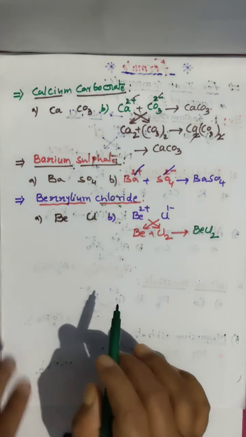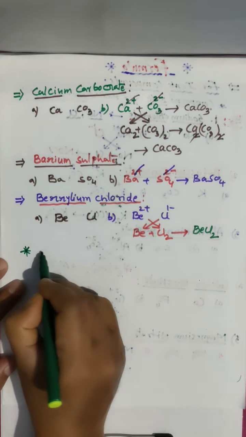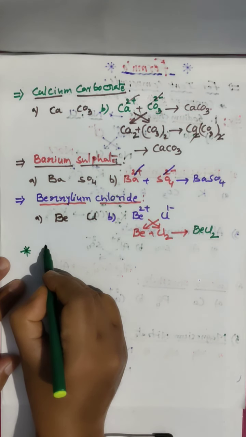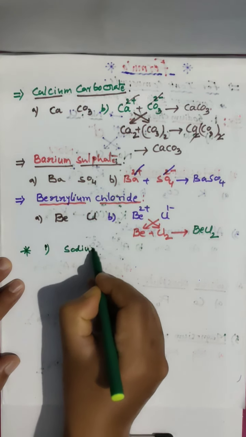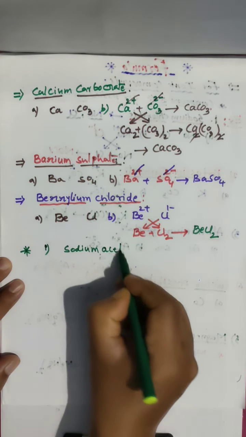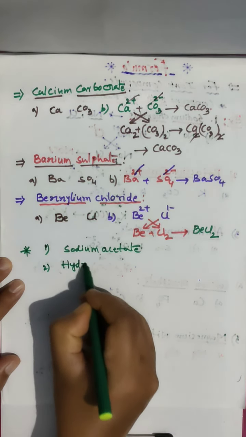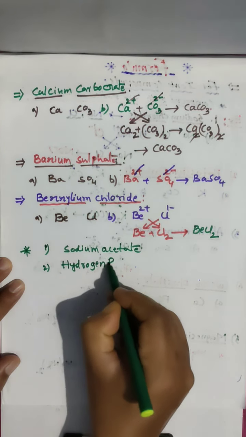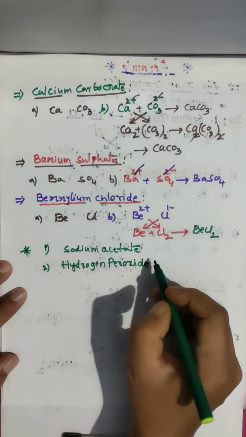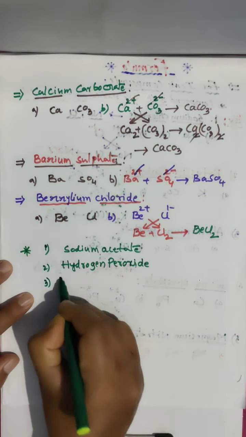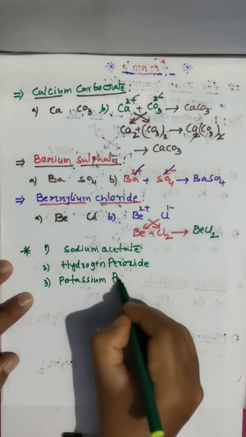radicals, their charges. And I am giving here try and write in comment box answers. So work I am giving exercise. Sodium acetate. Second one, hydrogen peroxide. Clear?